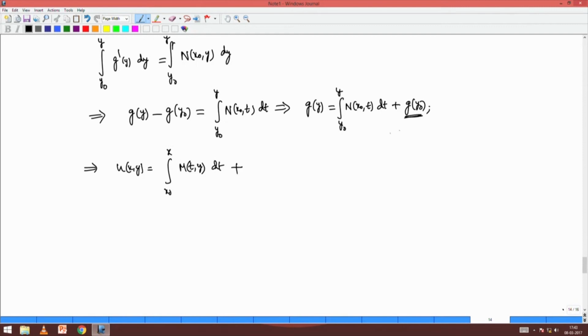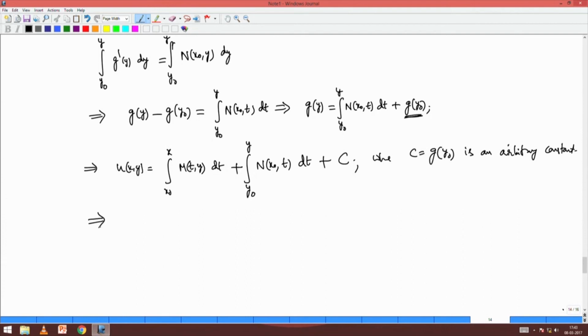That g(y) I can replace with this, that will give me the integral from y naught to y of n of x naught, t dt plus this constant c, where c is g of y naught. Since g is arbitrary, at some point it becomes a constant, so it is an arbitrary constant.